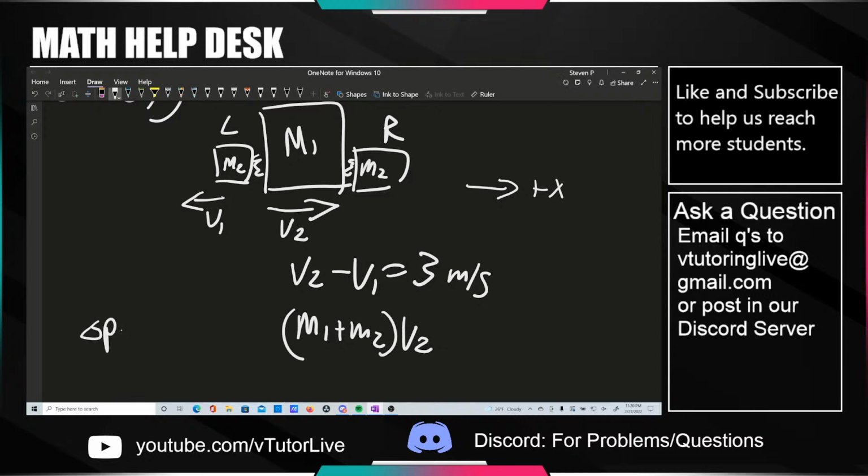The change in the momentum is 0. So momentum initial total is equal to momentum final total. And because the initial momentum is 0, the sum of all the pieces in the final also has to be equal to 0. So M2 V2 is equal to 0, with the understanding that V2 is in the negative x direction.